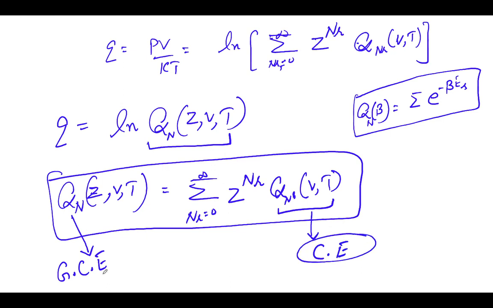So this is the actual relation between the partition function of a grand canonical ensemble and the canonical ensemble.